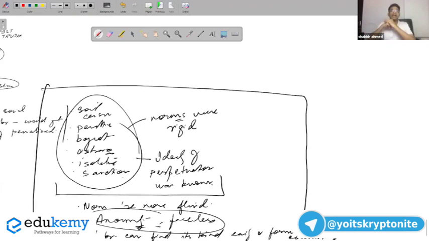And the identity of the perpetuator, whoever was perpetuating the antisocial message ho, antisocial behavior ho, the identity was known. But today the challenge is the norms are more fluid, rapidly changing. Okay, and the anonymity gives people a faceless identity.